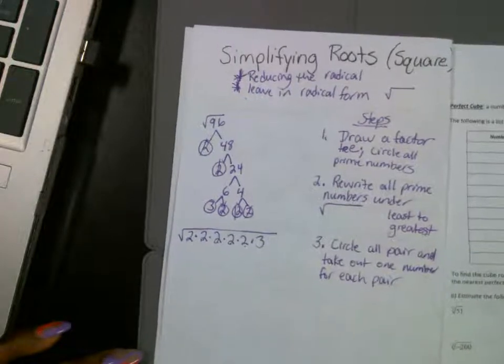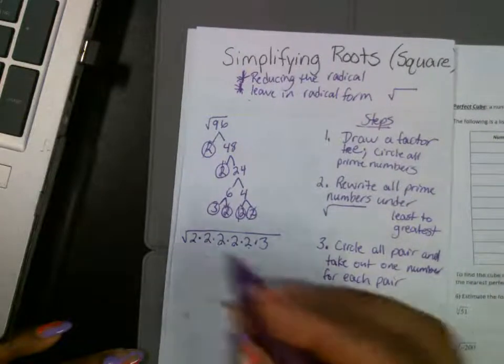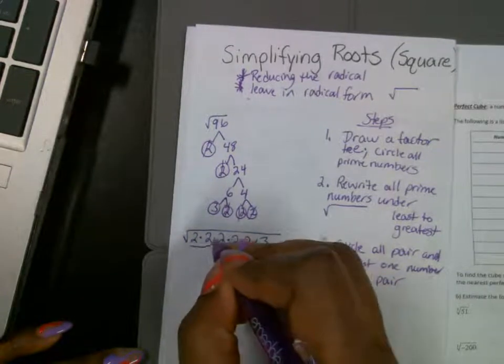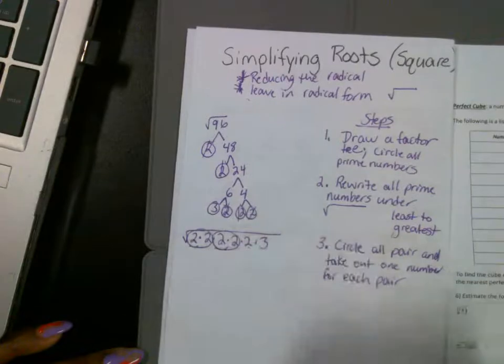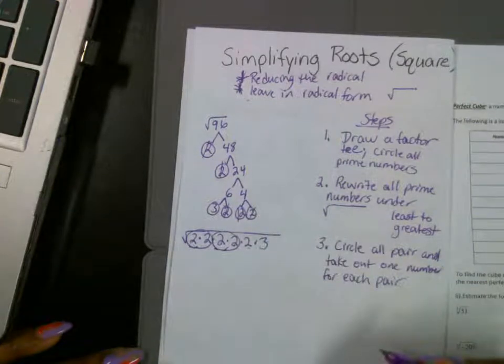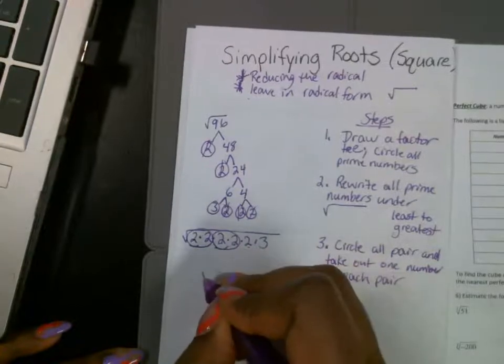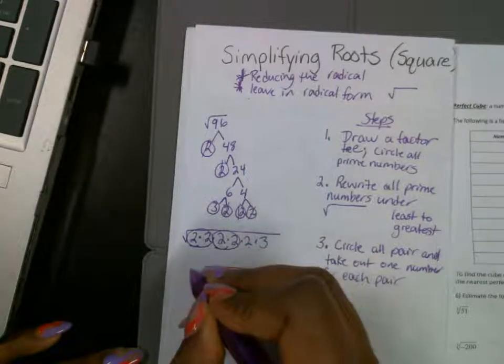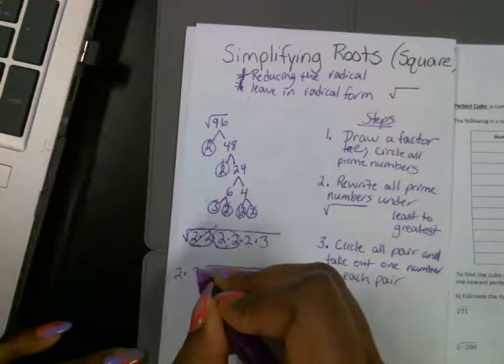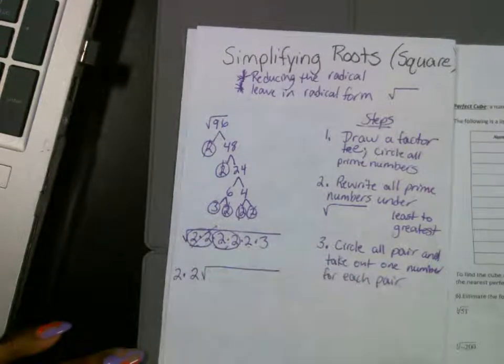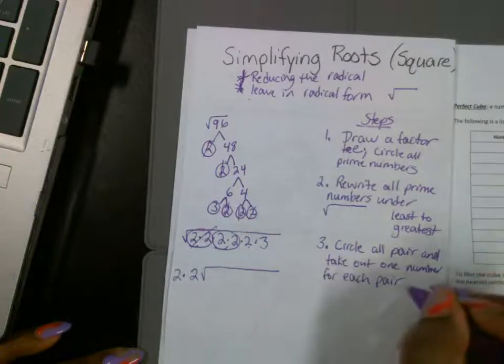So let's circle all the pairs. We have a pair of 2s. That's one pair of 2s, 2 pairs of 2s. Do we have any other pairs? No. So now we're going to take out 2 for this pair and 2 for this pair. Leave all other numbers under the radical.